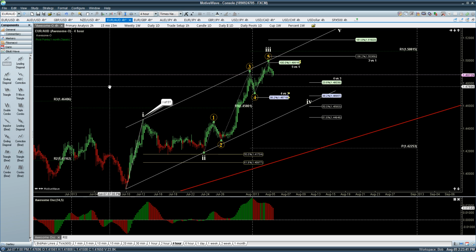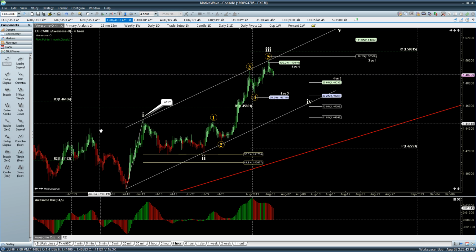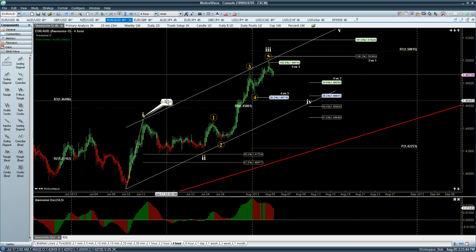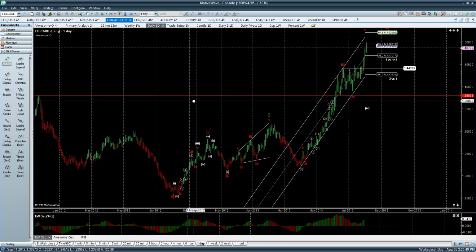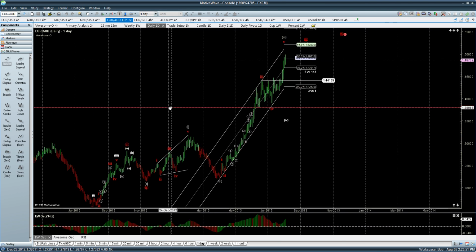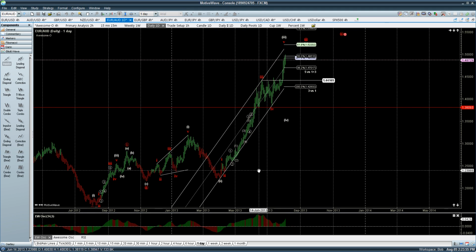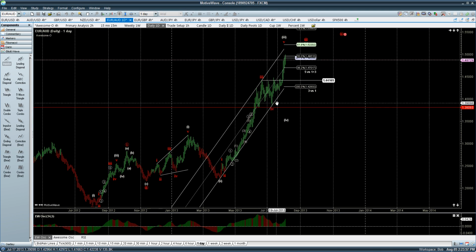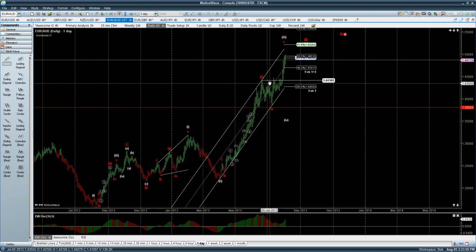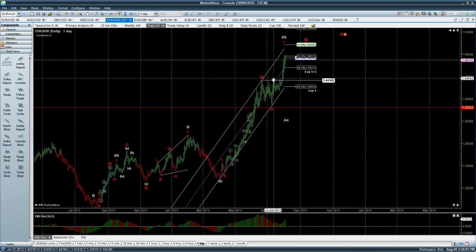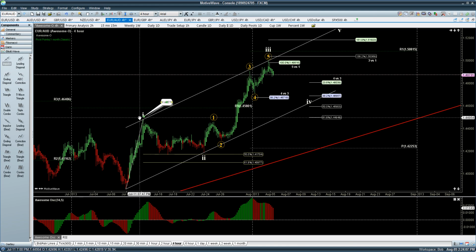Euro Aussie, I mentioned a long time ago that this may be wave 1 of 5. It comes in right here. My original thinking, of course, was that this wave 4 was coming down deeper, but once we broke this wave 3 high, that's when I marked this as wave 1 of 5 here.